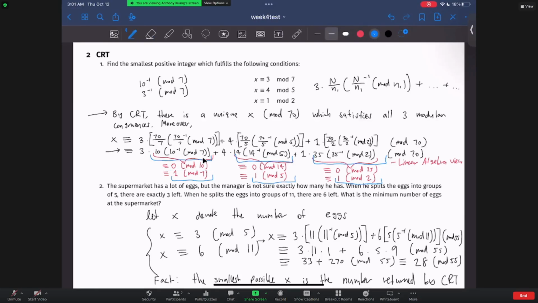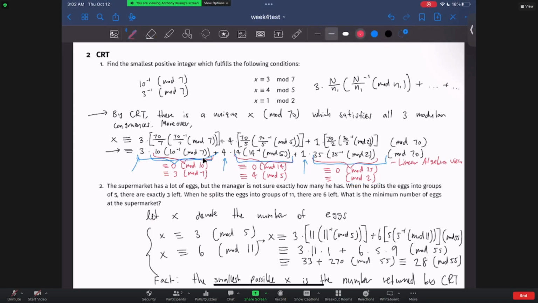So when we sum this up and scale it by the coefficients, this entire first term gives us a number that is still 0 mod 10, but now it's 3 mod 7. The second term in its entirety now gives us a number that's 4 mod 5.